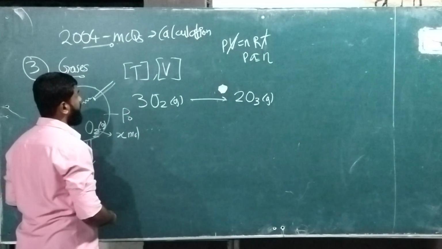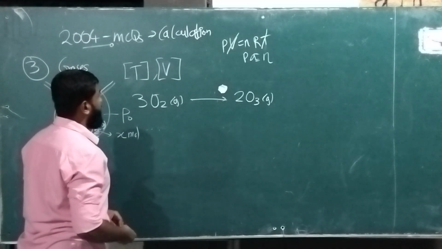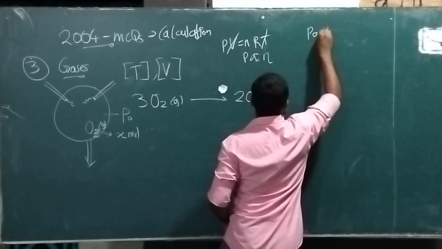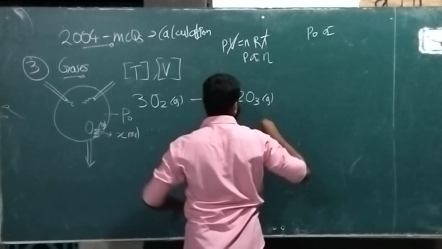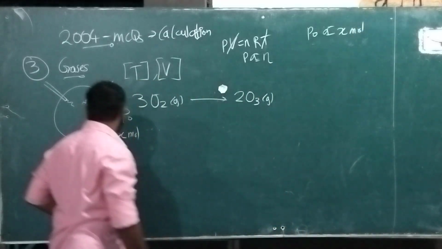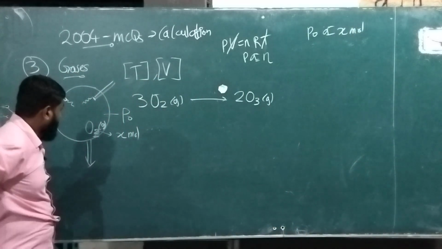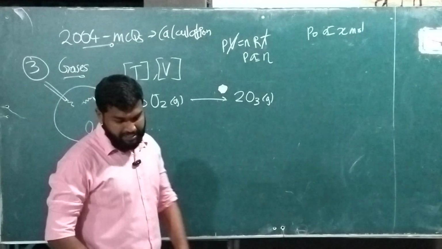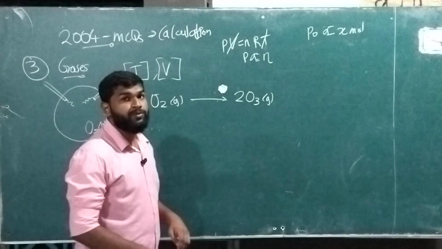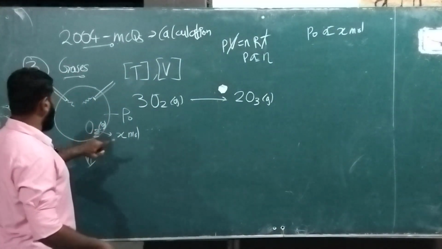Now my initial pressure is P naught. Initially I had X moles. Now they said 30% of the oxygen is converted to ozone.